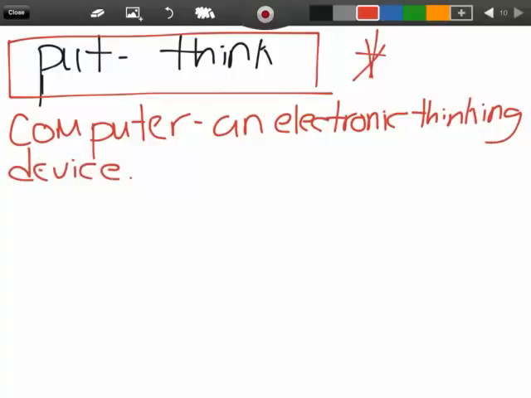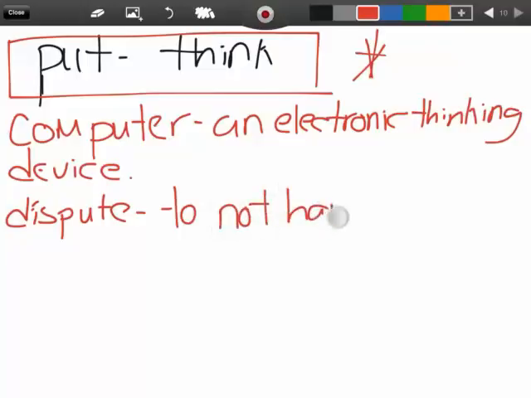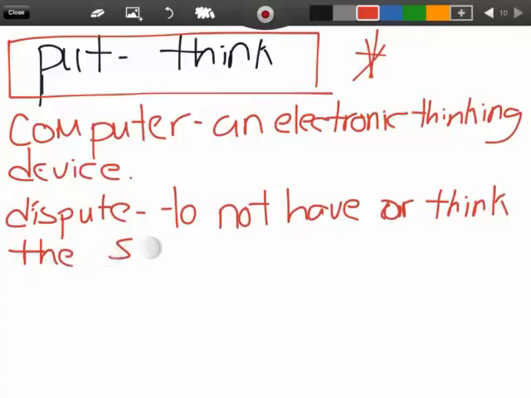My second word is going to be dispute. Dispute. And that means to not have or think the same ideas.